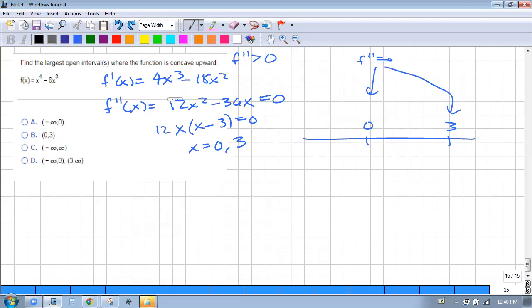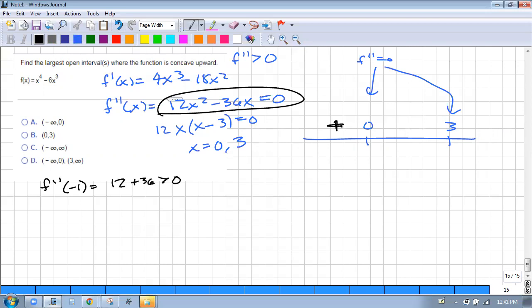So we do f double prime of say -1. So here's my double prime here. So -1 squared is a positive. So over here, it's positive. Let's check inside of here. We'll pick 1. So that would just be 12 minus 36, which would be negative.